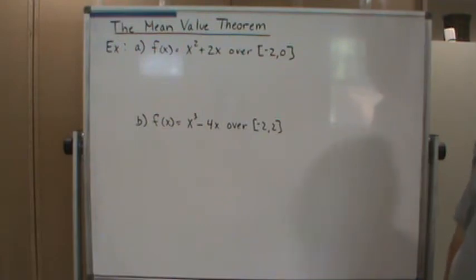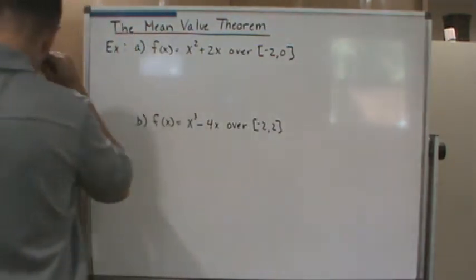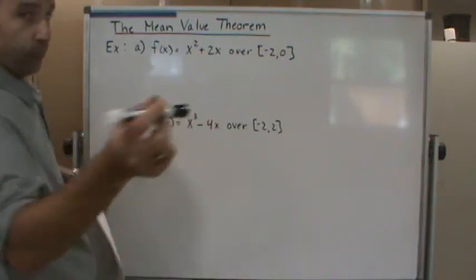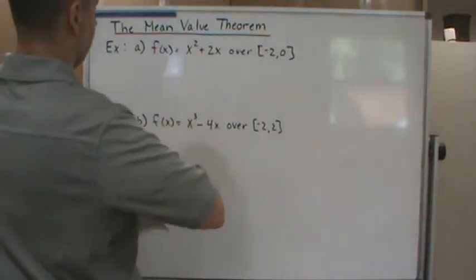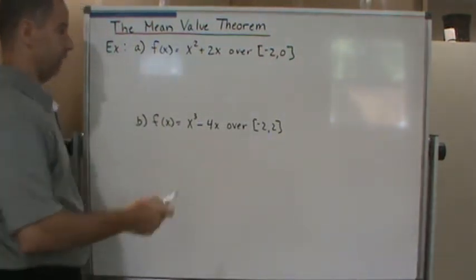Now the second part is finding all values c in the given interval. Remember, with Rolle's theorem, let's test, I forgot one more criterion: f of a must be equal to f of b.